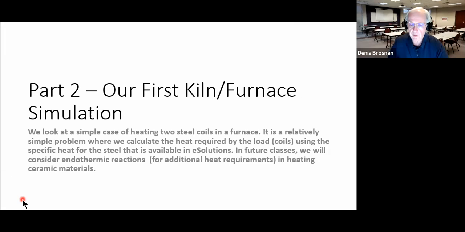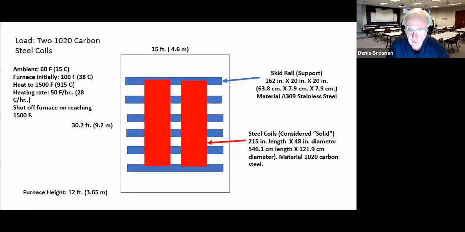So all we have to worry about is the amount of energy required to heat up the coils in the kiln. So that's why we started in this direction. In later classes, we're going to consider situations with endothermic reactions.